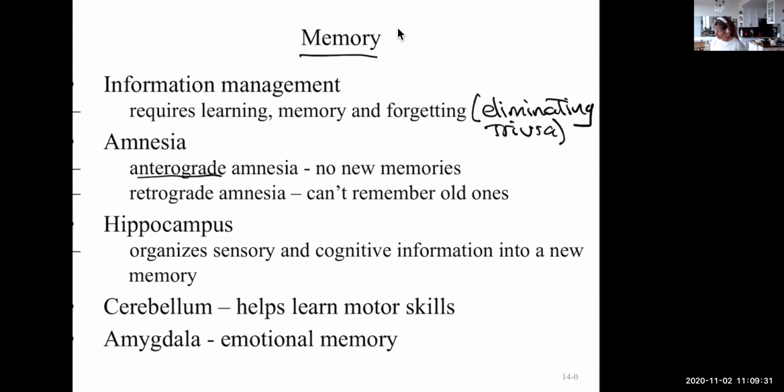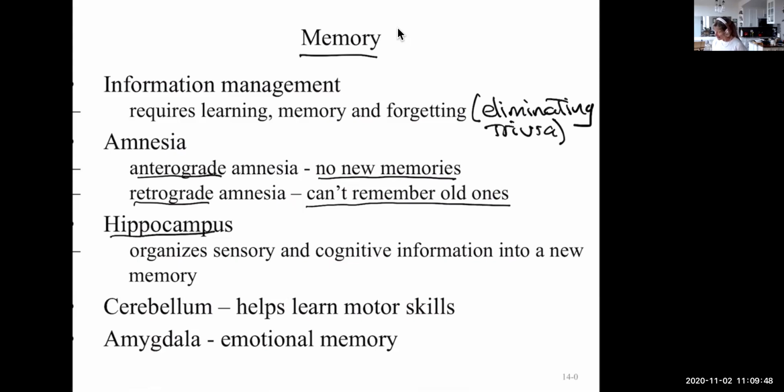Anterograde amnesia is a disorder where no new memories can be stored, and retrograde amnesia is a disorder where old memories cannot be remembered.